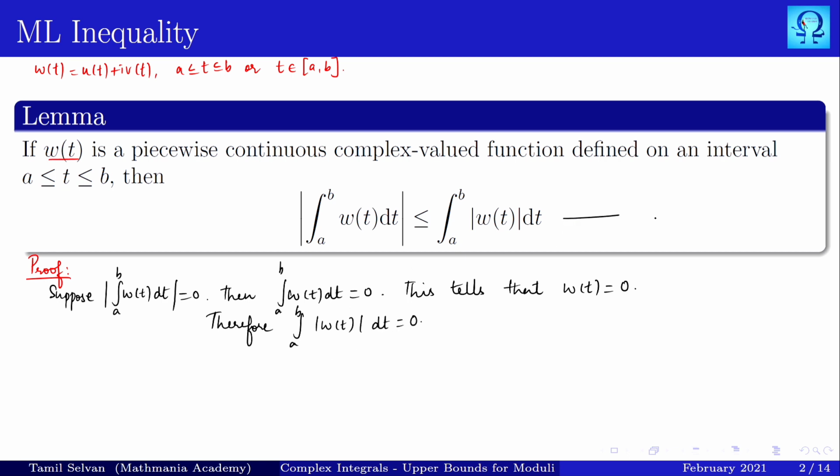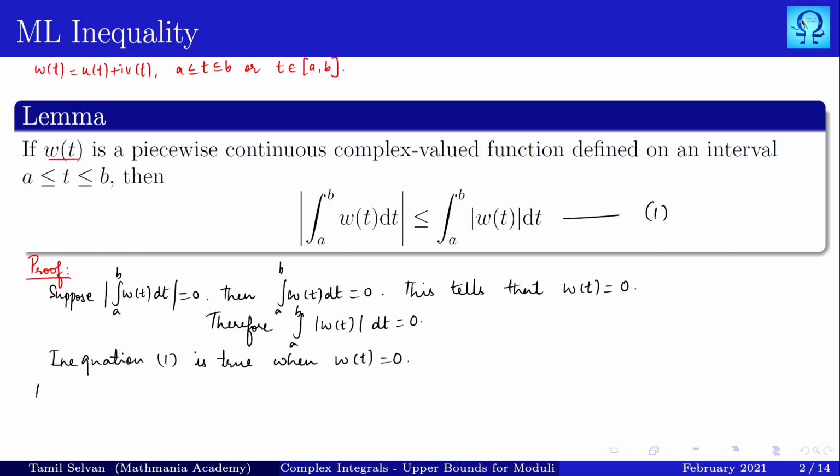So this inequality, which we mark as 1, is true when the function w of t is 0.